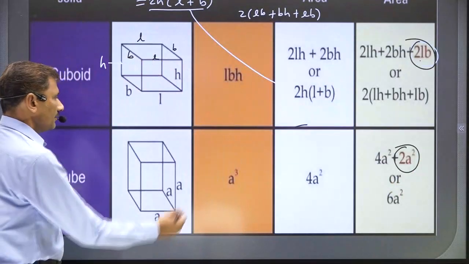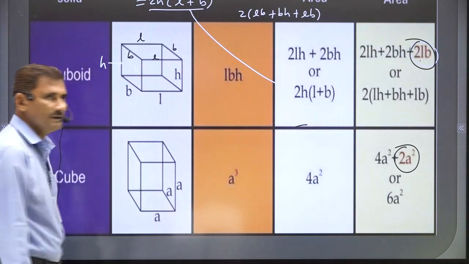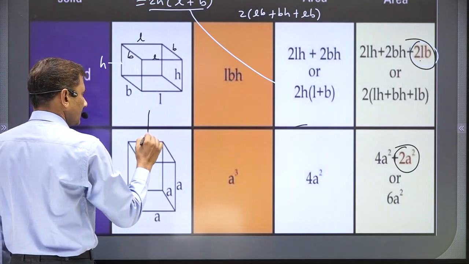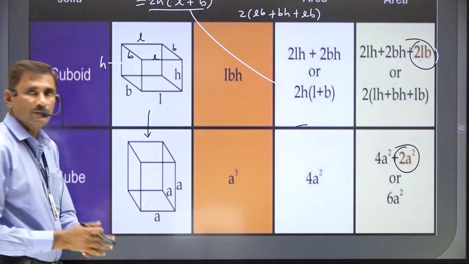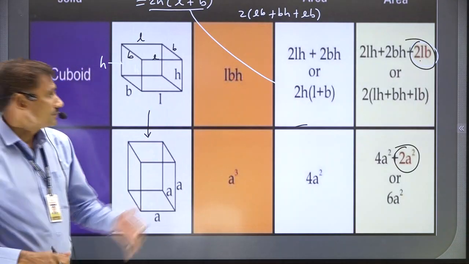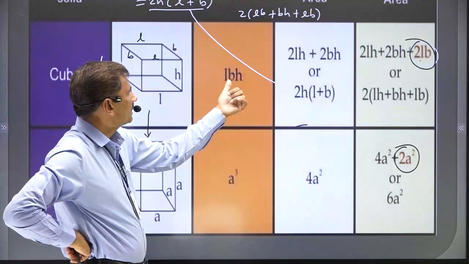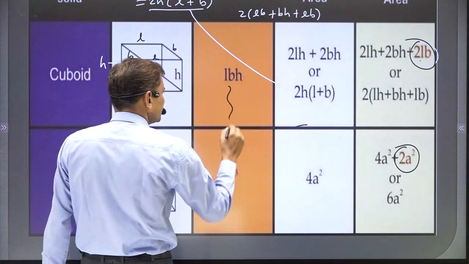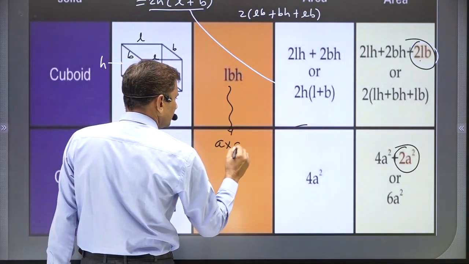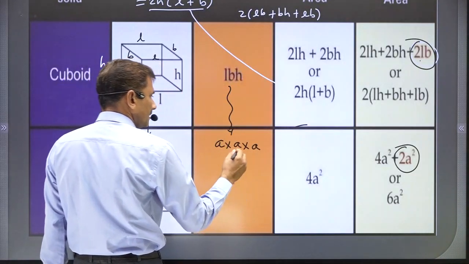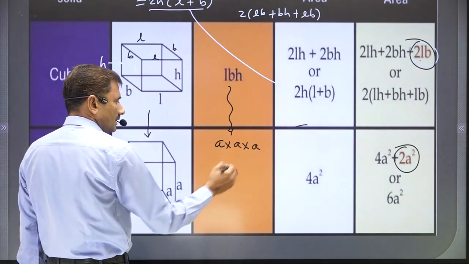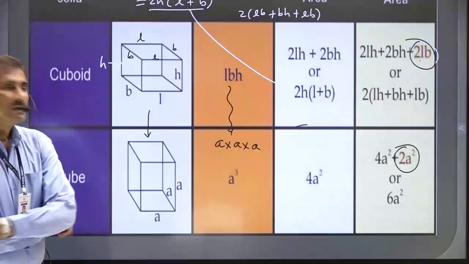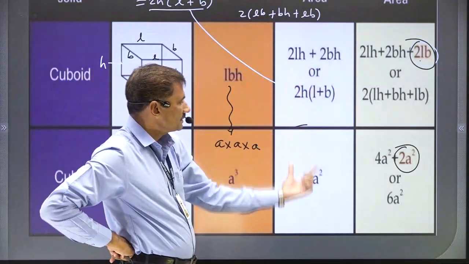Now here is a cube. Why a cube? Because LBH, I told you, cube is a special type of cuboid. So you can say here A into A into A. So it will become A cube, because L is equal to A, B equal to A, H equal to A. Even you can get this one also from here.